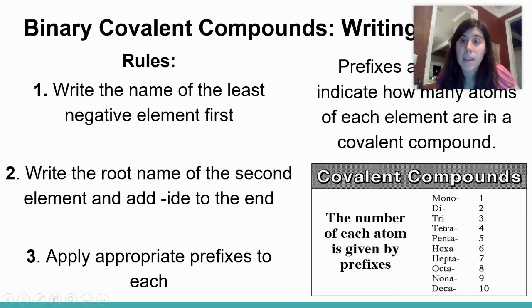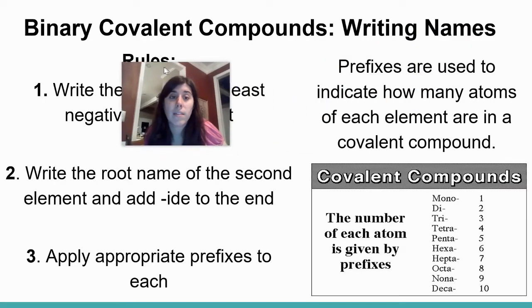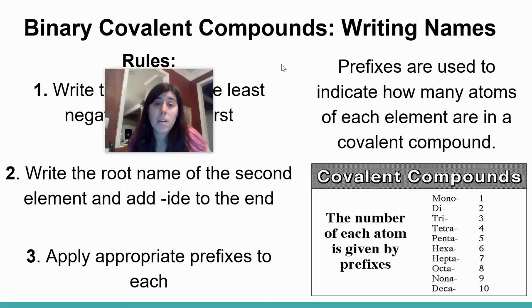The first thing you're going to need to know when we're dealing with covalent compounds is that we are dealing with prefixes. The prefixes that we're using for covalent are the Greek prefixes. Prefixes come before the element name, and they indicate how many atoms of each element there are in a covalent compound. So here are the prefixes that we use. Mono means 1.